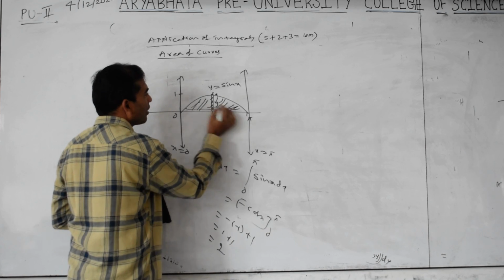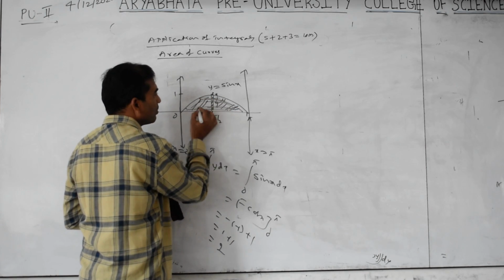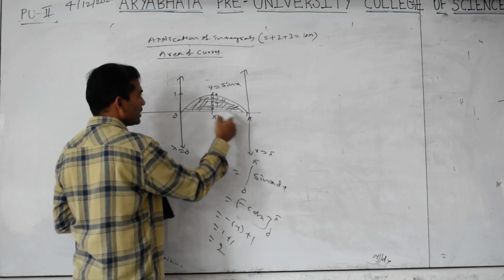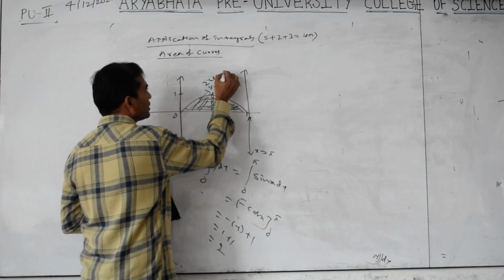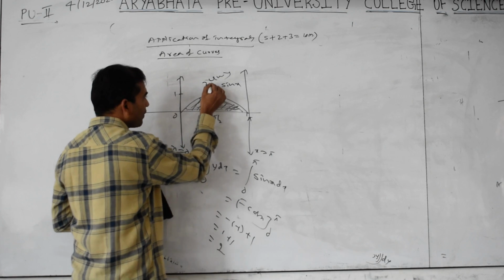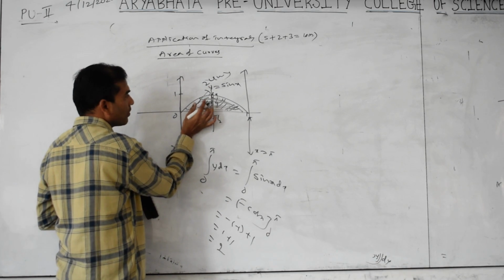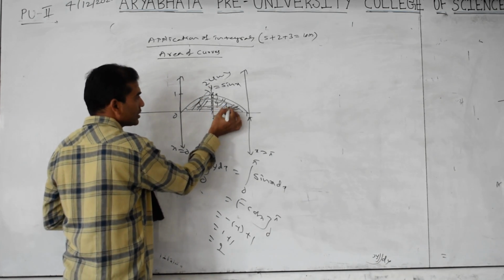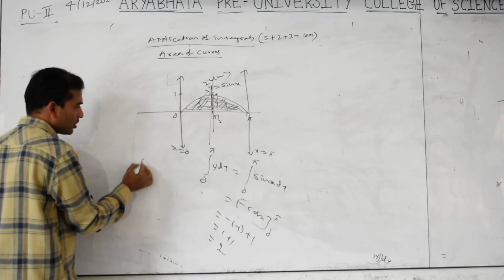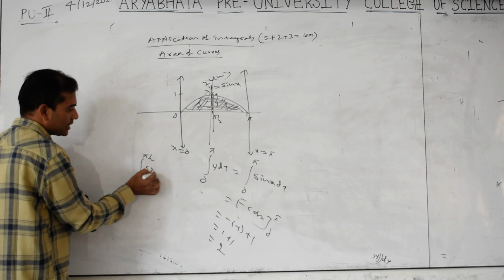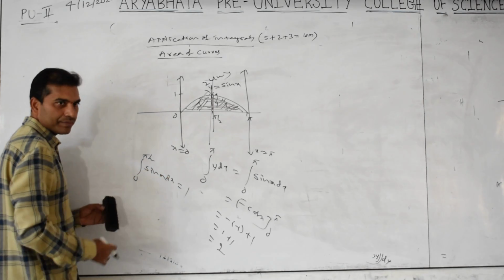So this area, the sin x bounded with the x-axis, one shape upside, how much is it? 2 units. The half part is 1 unit, this is 1 unit, this is 1 unit. If you take 0 to pi by 2 of sin x dx, you will get 1.